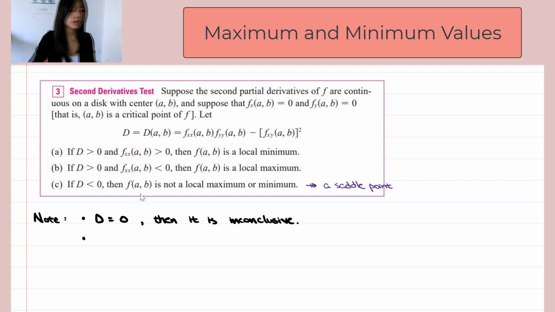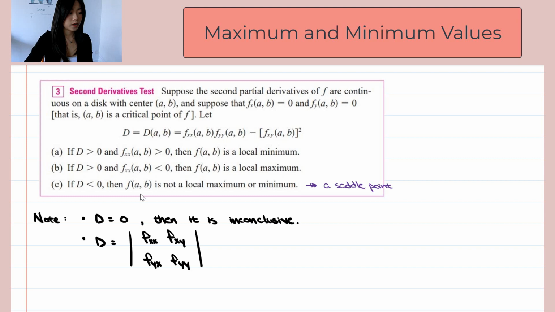And the second note, an easier way to remember how to evaluate the D is using a 2x2 determinant. So D also equals the determinant of a 2x2 matrix with entries f sub xx, f sub xy, f sub yx, and f sub yy, which equals the product of the first and the fourth entries, f sub xx times f sub yy, then minus the product of the second and the third entries.